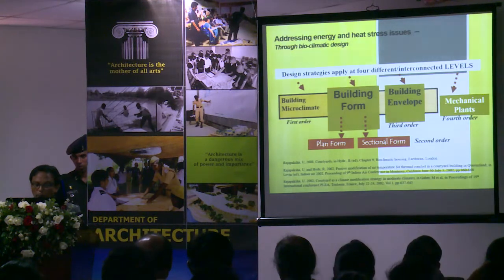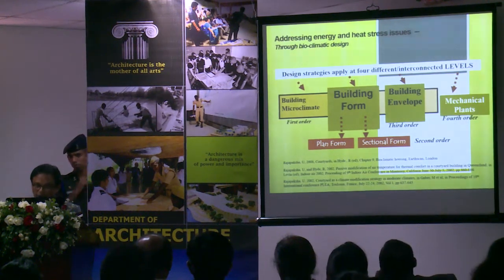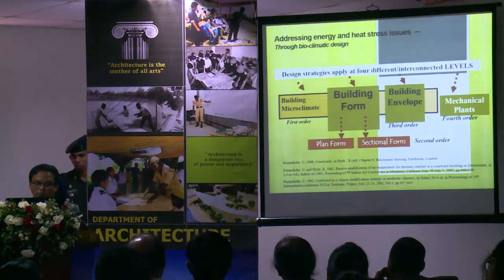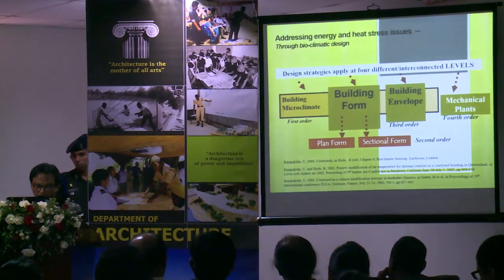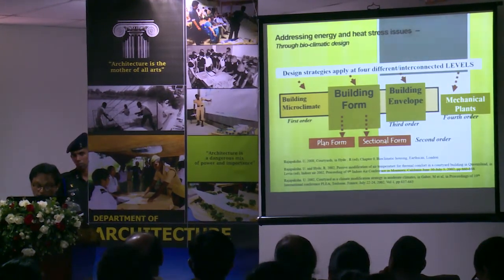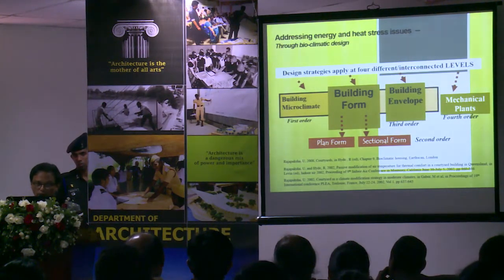What is the ideal situation? This is the mapping. In the ideal situation, you can manipulate your architectural design. For example, the microclimate around the building can be made favorable to minimize heat gain from outside.